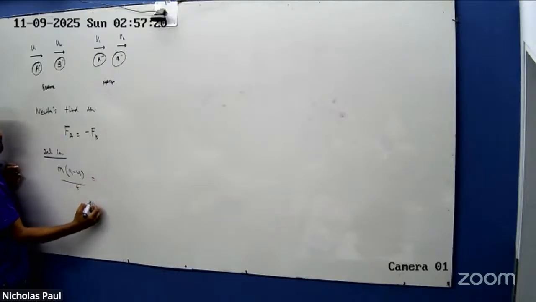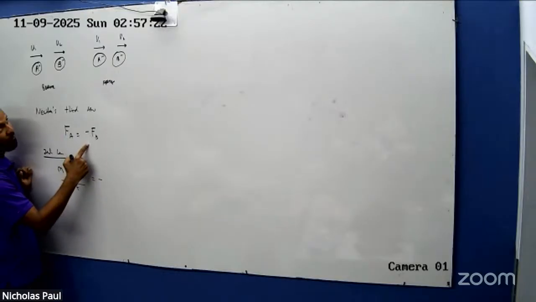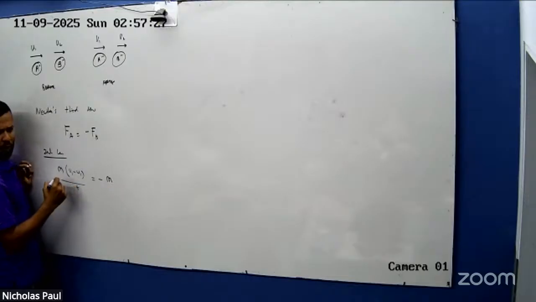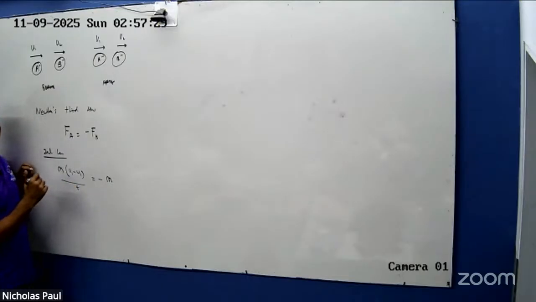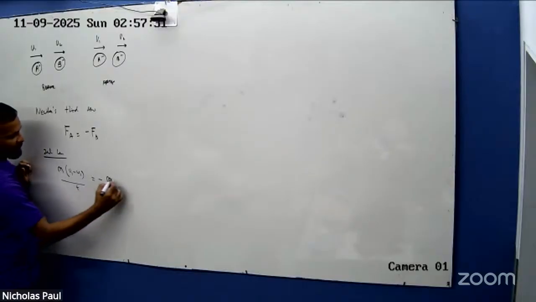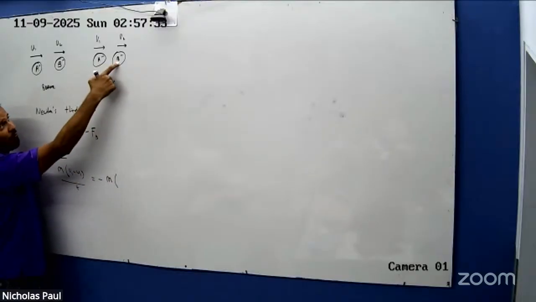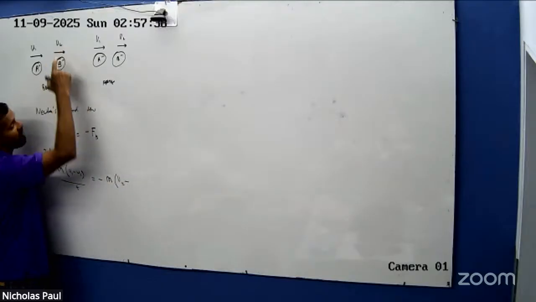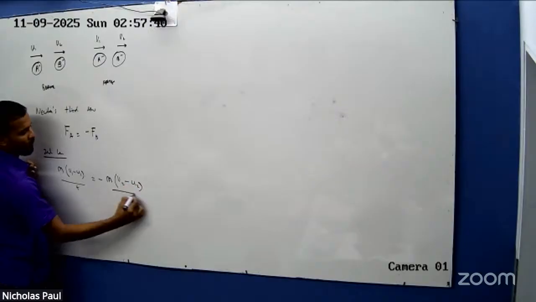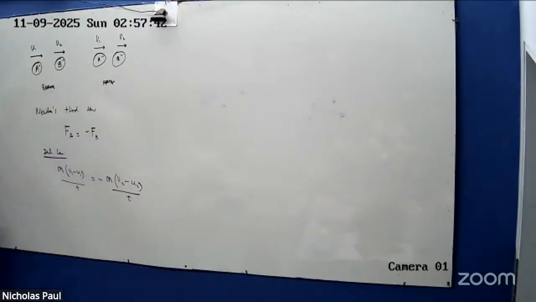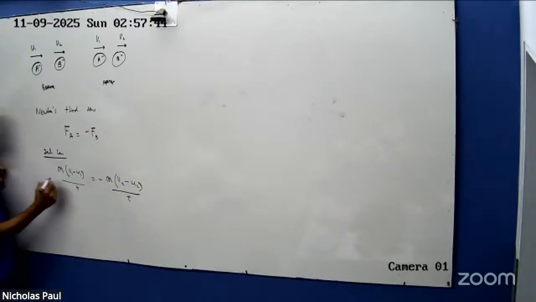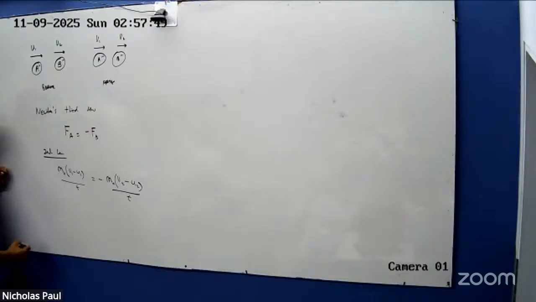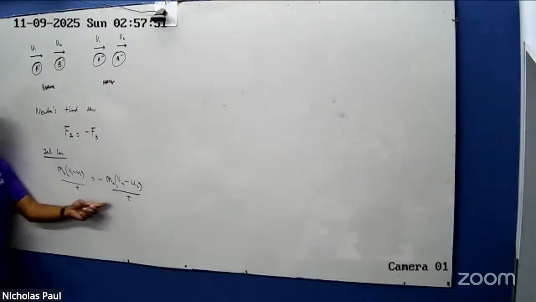Is equal to minus, same thing for B, mass of B. Final velocity of B is v2, initial velocity of B is u2, all over t. I'll leave it like that because I don't want to cancel it off yet.